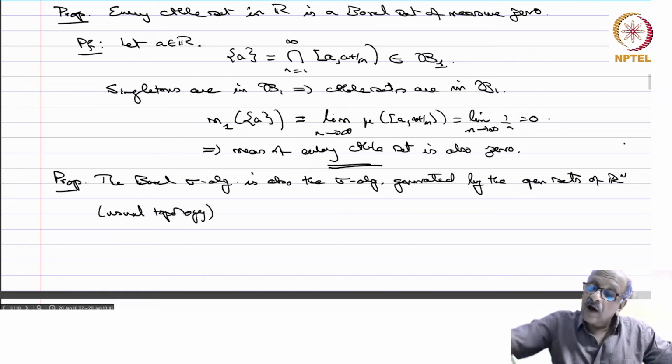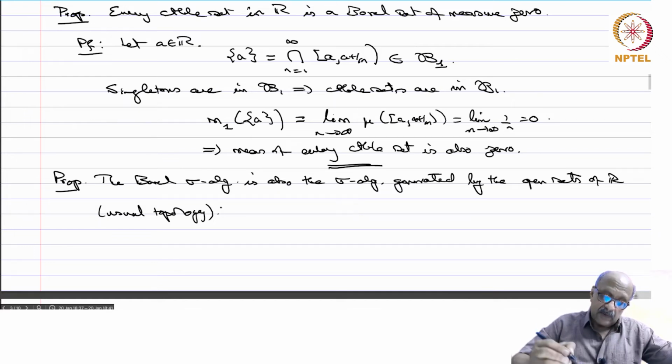Let me just write R for the moment. We will talk about R^n in a moment. It's the same. Anyway, it doesn't matter. That means, topology means a collection of all open sets. Now there's a smallest sigma algebra which contains that, and that is precisely the Borel sigma algebra.